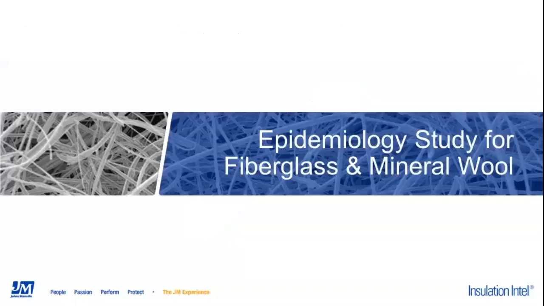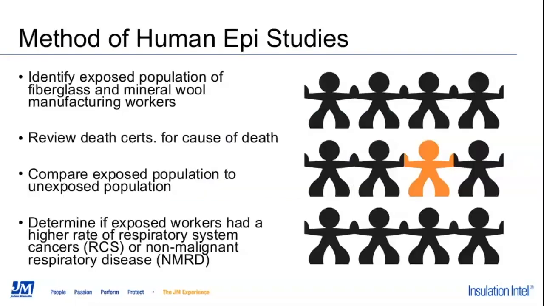Thanks, Bruce. So Bruce talked about animal inhalation studies, but like I said, they also wanted to take a look at the human side of it and the human epidemiology study for fiberglass and mineral wool. Now, obviously, we did not subject humans to the same test methods that we did for animals, but what we did do is we took a look at death certificates for an exposed population of fiberglass and mineral wool manufacturing workers to review their cause of death.